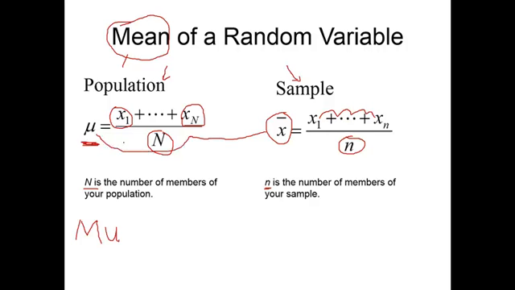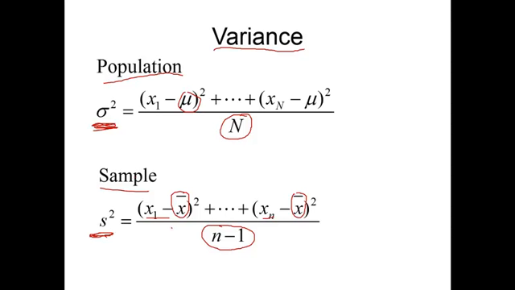Now the same thing going over here, this s squared is an estimator for this. In order to get the math to work out right, and I'm not going to go any deeper than that, we have to divide here by n minus 1.